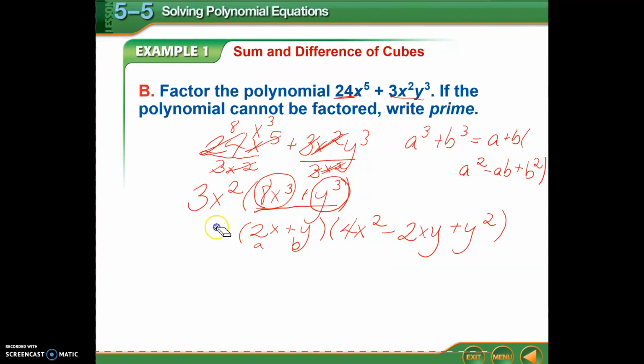And then I have my 3x squared still outside. So this factors into these terms, and that is as far as we're going to factor those.